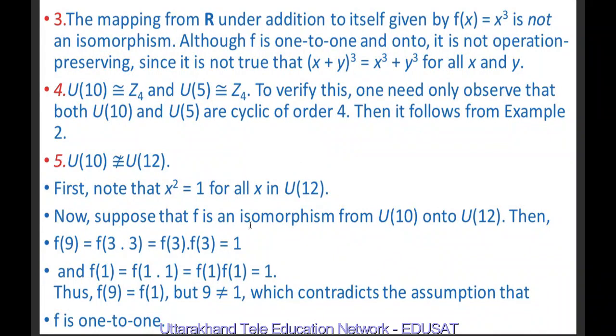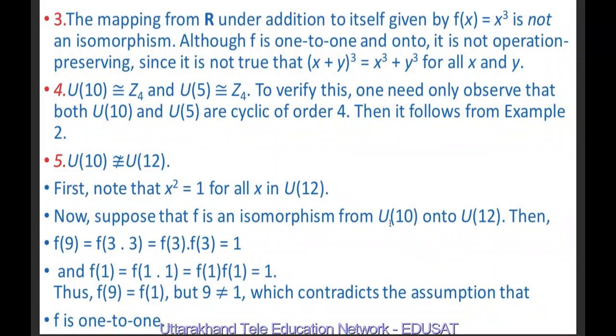Now suppose that f is an isomorphism from U10 to U12. Then f of 9 is equal to f of 3 into 3, and this is equal to f of 3 into f of 3, and this is equal to 1. Because we know that in this U10 the elements are 1, 3, 7, 9, because these are the elements which are relatively prime to 10 and less than 10.